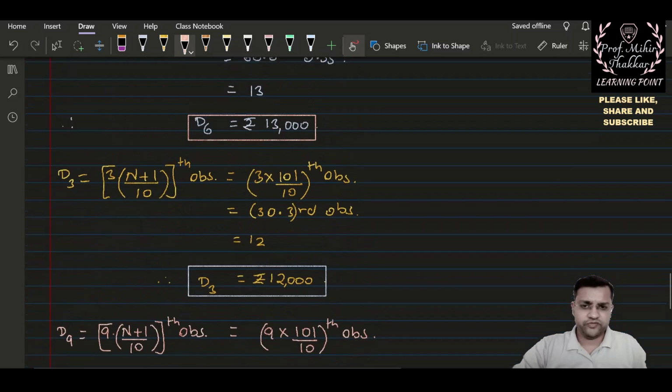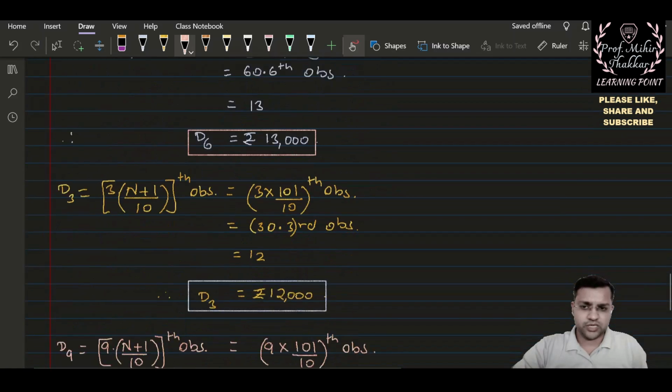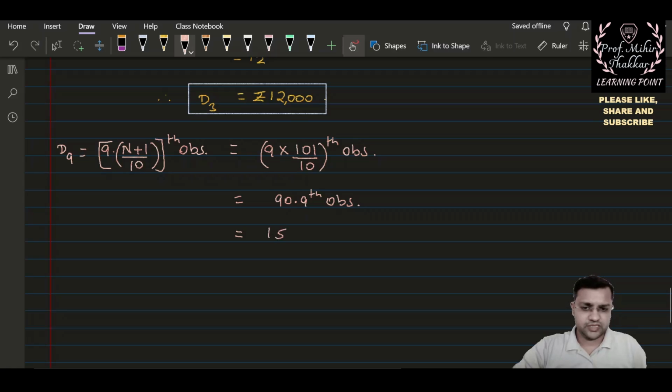The cumulative frequency just greater than 90.9 is 97. So the corresponding value looks like 15. So the D9 value, in terms of rupees, is 15,000.